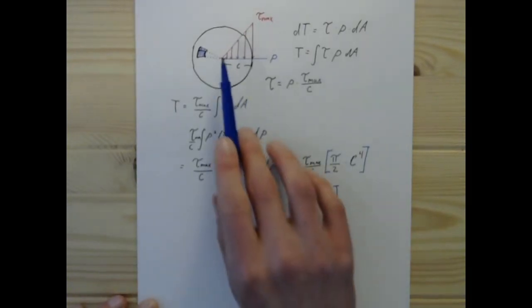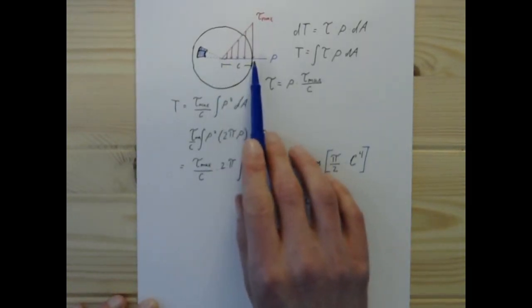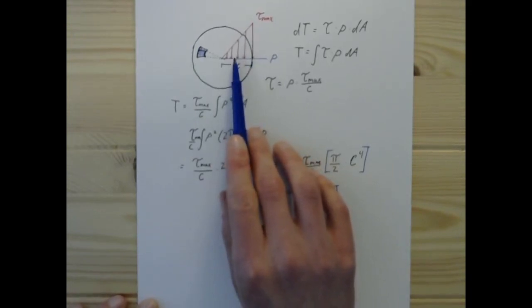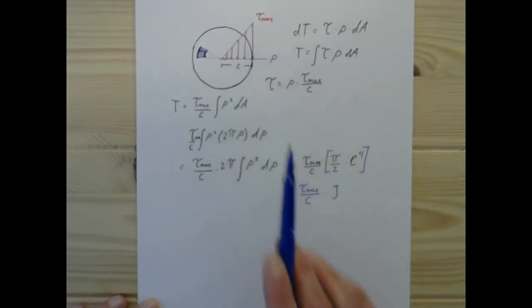So instead of integrating from 0 to c, we're going to be integrating from c1 to c2.